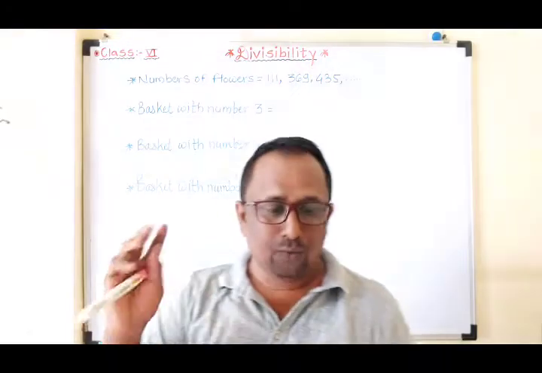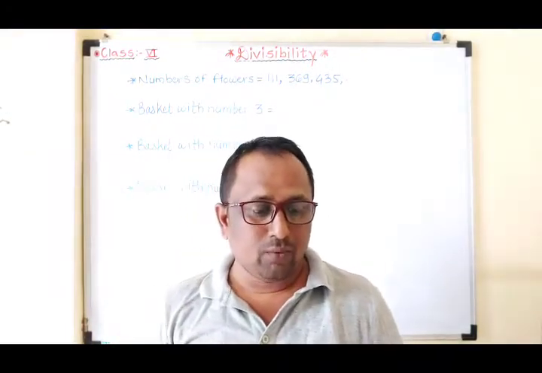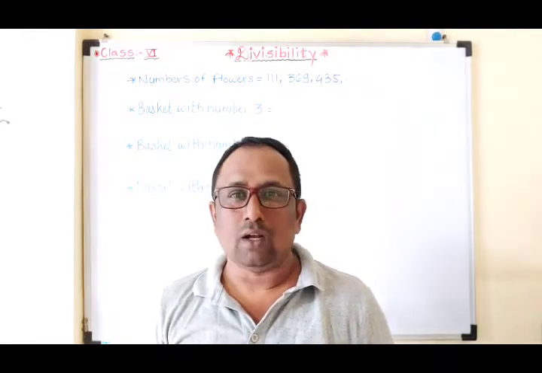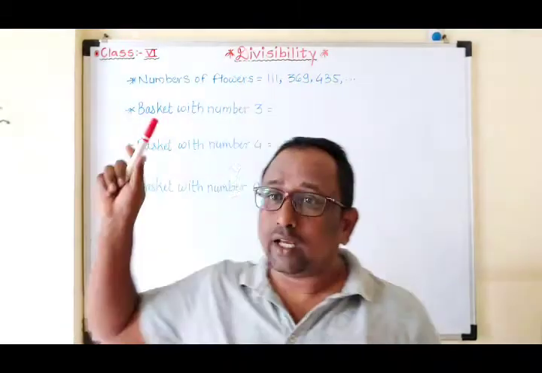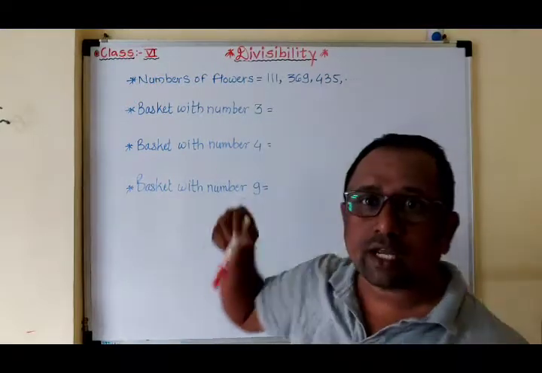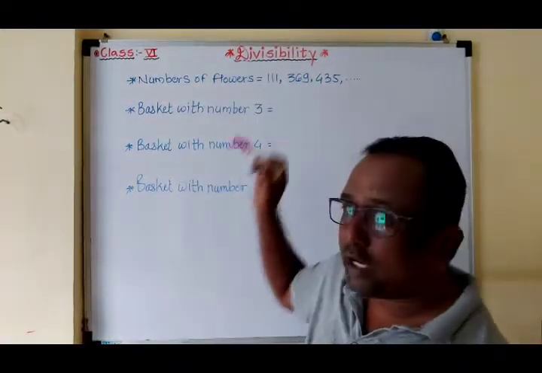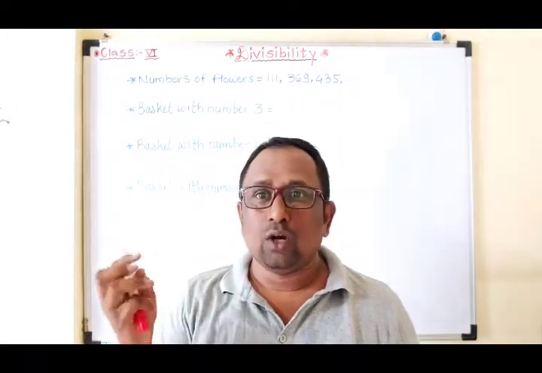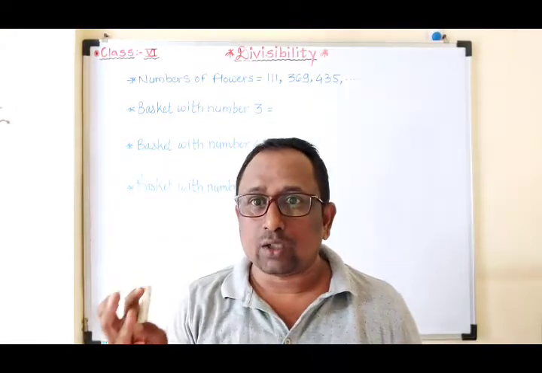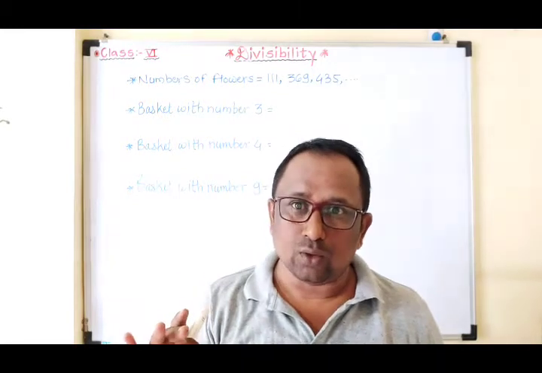So for example, first 111. You have to do this calculation roughly. You have to check 111 by applying the divisibility test of 3, then 4 and 9 also.